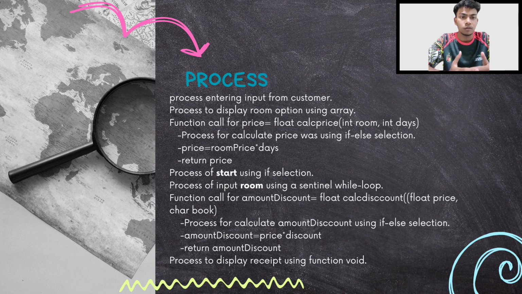Next, the process of start uses if selection, then input room using a sentinel while loop. Function call for amount discount equals to float calculate discount, float price, character book. The process for calculating amount discount uses if else selection: amount discount equals price multiplied by discount, return amount discount. The process to display receipt uses function void.